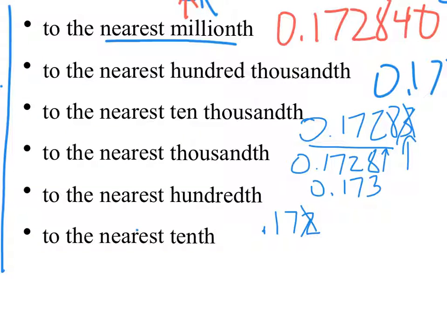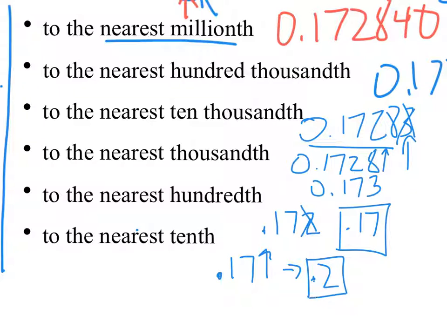So we're going to get rid of that, and we don't go up, so we'll have 17 hundredths. And finally, to the nearest tenth, well, if we have a tenth and 7 hundredths, we go up because of the 7, so we're going to go to 2 tenths. So we have 2 tenths there.